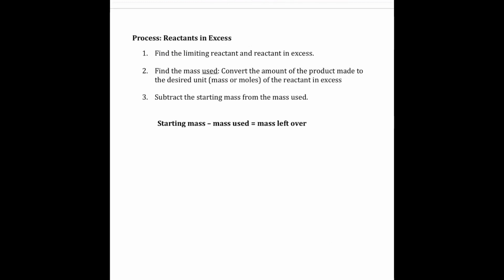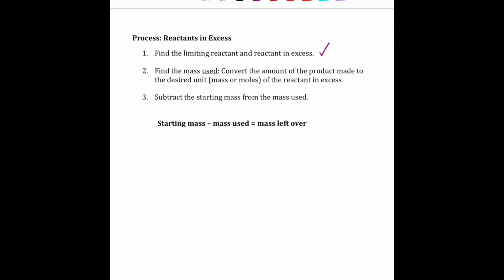Now that we know the amount made in a reaction is going to be the smallest amount of product formed, and that substance is our limiting reactant, every other reactant becomes the excess reactant. And let's say we want to know how much reactant was left in excess. Well, first we are going to have to find the limiting reactant and know what reactant is in excess.